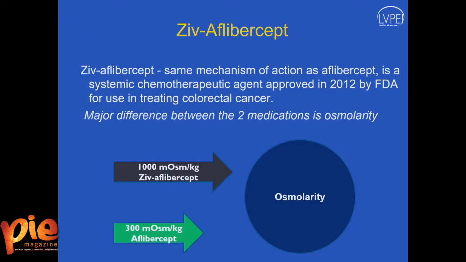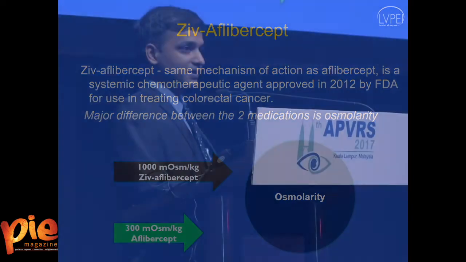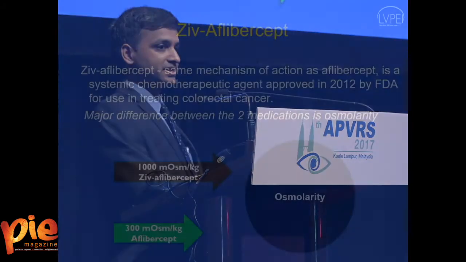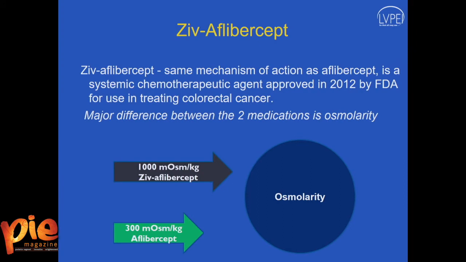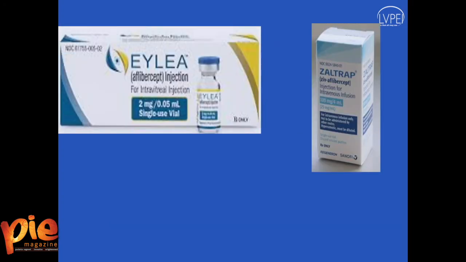The aflibercept is approved for colorectal cancer. It was approved in 2012 by US FDA, but it can be used off-label for ophthalmological diseases. The major difference between aflibercept and aflibercept is the difference in osmolarity being 1000 milliosmoles per kilogram in aflibercept and 300 milliosmoles per kilogram in aflibercept.